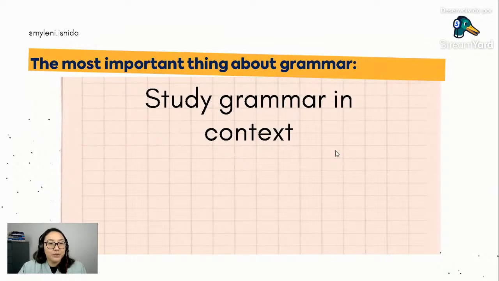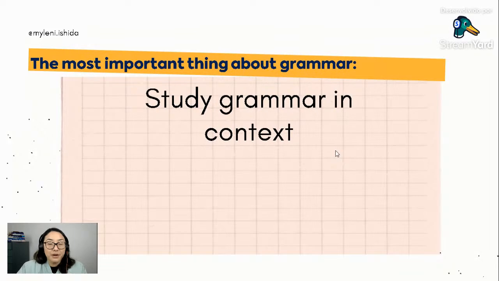So when I say to you, please study grammar in context, it means I don't want you to start memorizing grammar rules, and then okay, the rule is I have to put the S with he, she, it in the present. I don't want you to memorize the rules. It's important for you to know how to use them. This is to study grammar in context. You need to study grammar in a way that it makes sense to you.